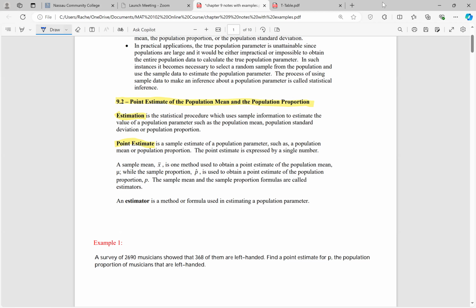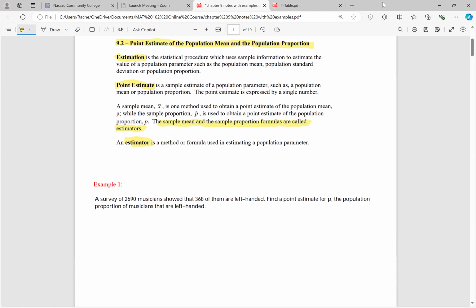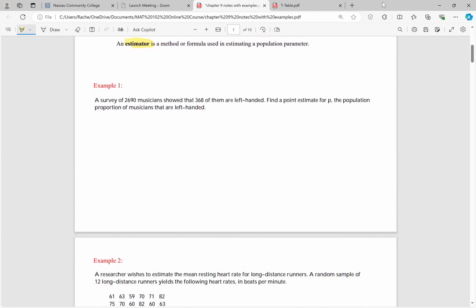So if p is unknown, we could use p hat as an estimate. So the sample mean and the sample proportion formulas are called estimators. And an estimator is a method or a formula used in estimating a population parameter. So let's look at an example.